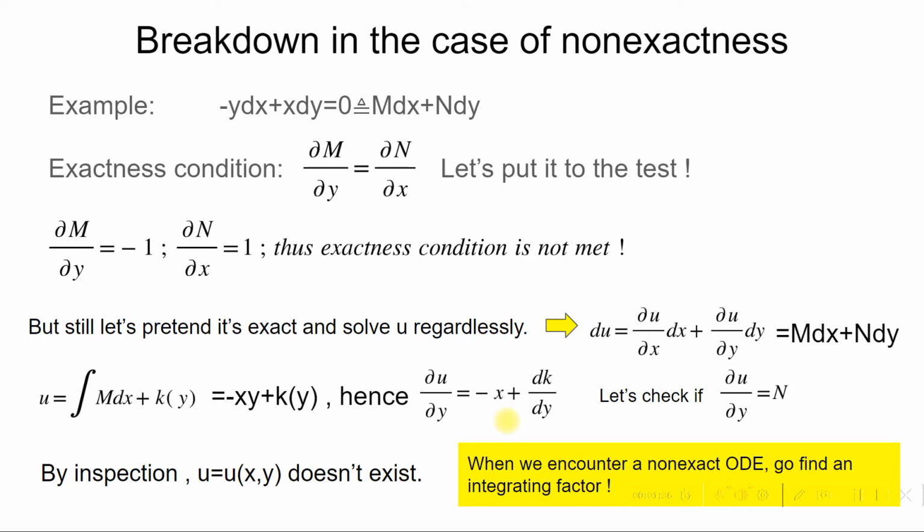Therefore, we can reap the benefits of solving an exact ODE without the use of any special technique. So in a subsequent slide, I designed a diagram reasoning the process of finding an integrating factor. So let's go and take a look.